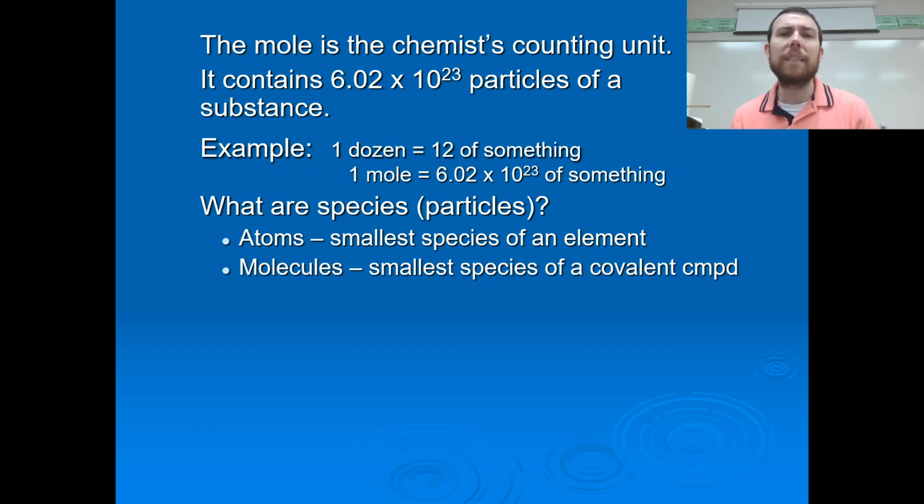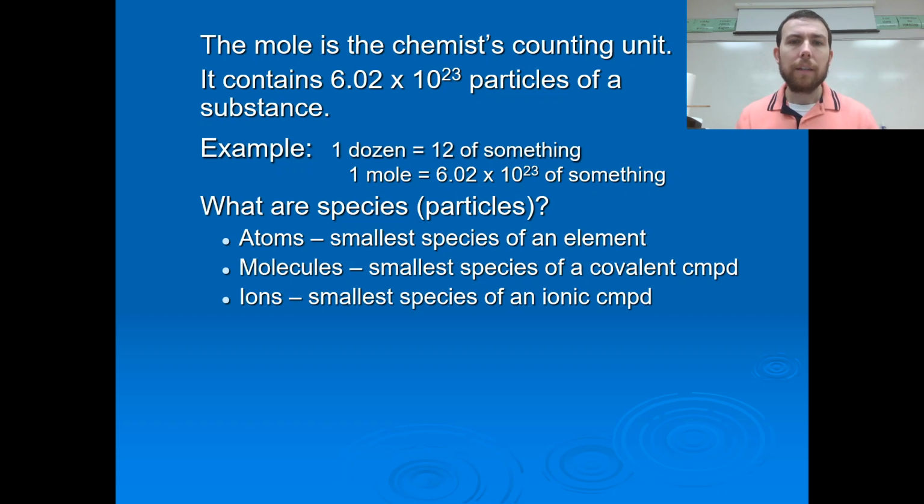So if you think of carbon dioxide, for example, if you had one molecule of CO2, so one carbon atom and two oxygen atoms, and they were chemically combined, that would be your molecule of CO2. You've got ions. These are the smallest species of an ionic compound. So again, if you were to take a look at an ionic compound and break it down into its smallest components, like sodium chloride, for example, that would be the one sodium ion and the one chloride ion.